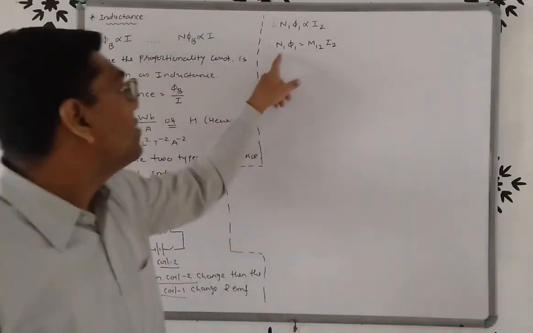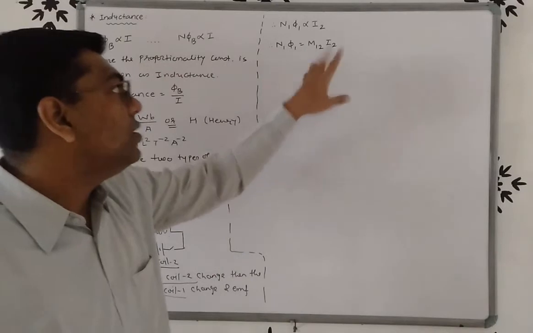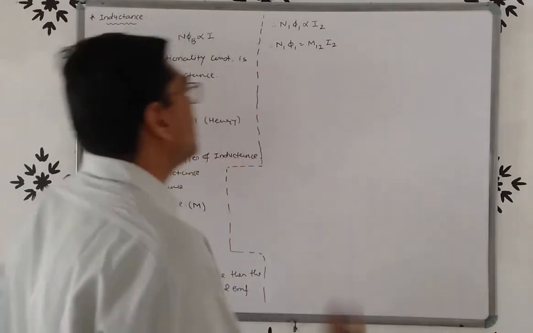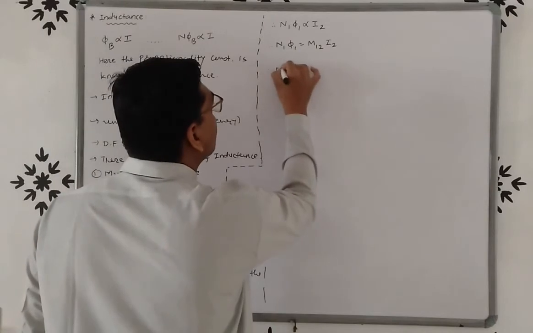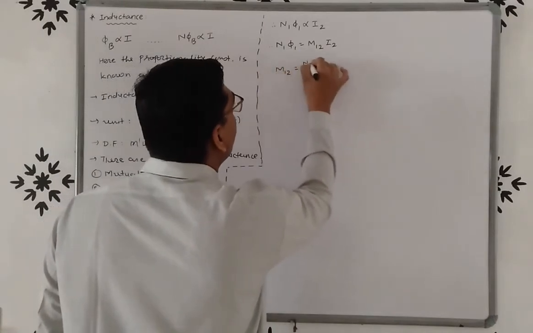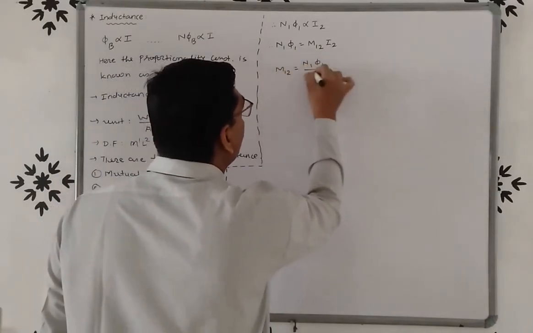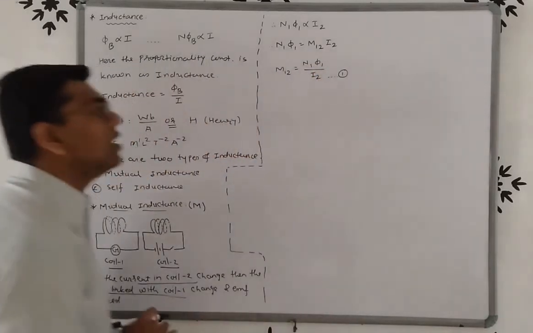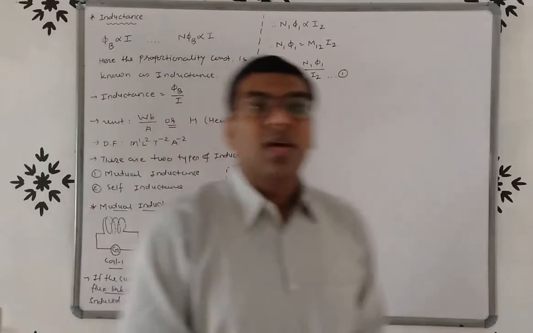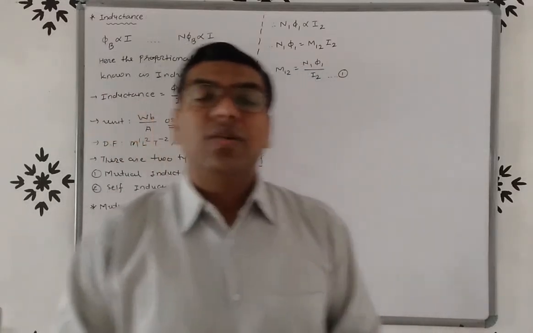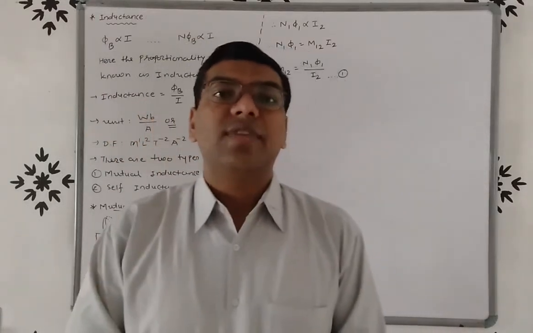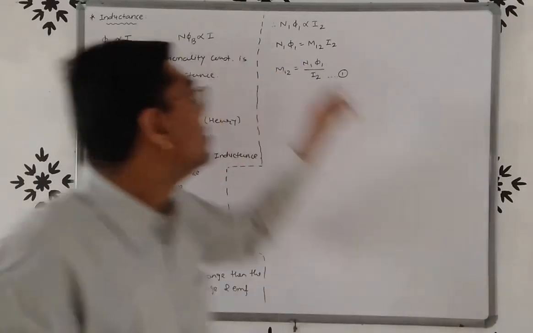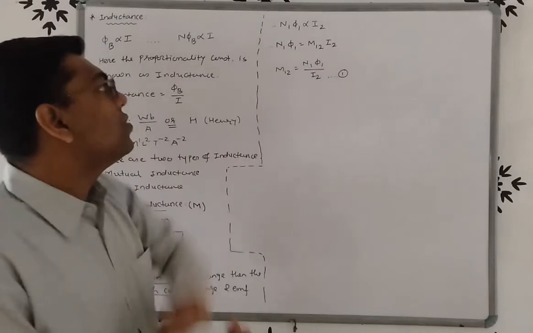So m12 is equal to n1 phi 1 upon I2. This is equation number 1, right? If the current in coil 2 changes, then the flux linked with coil 1 also changes. That means EMF is induced. So n1 phi 1 is proportional to I2.